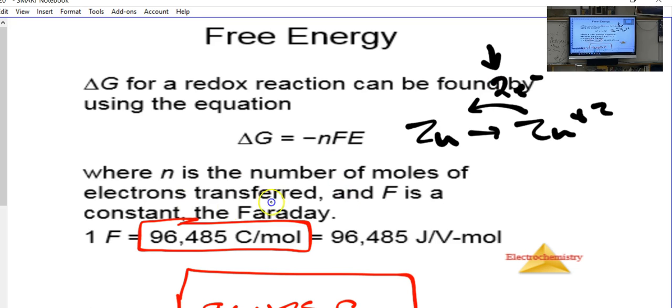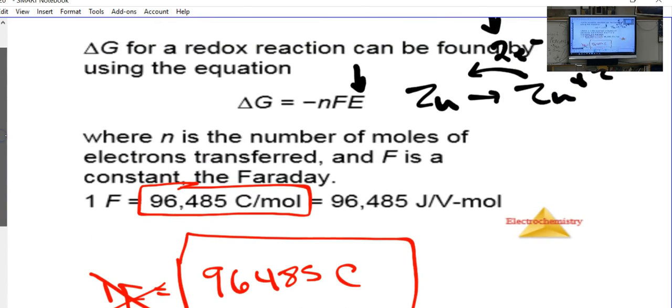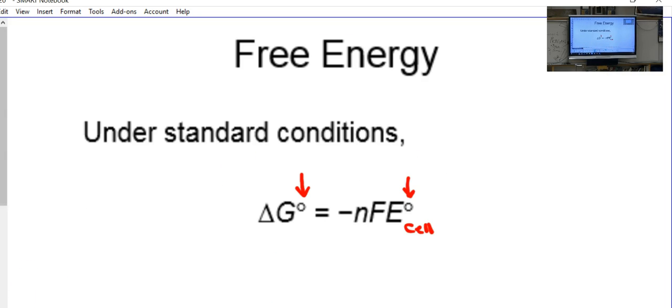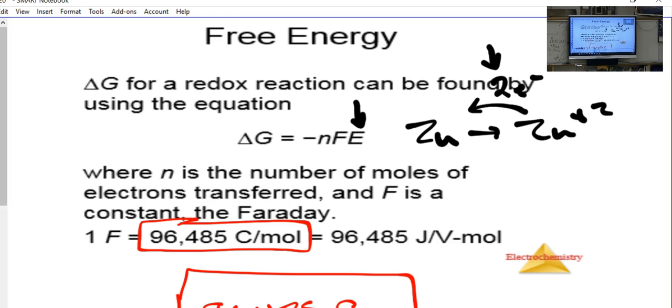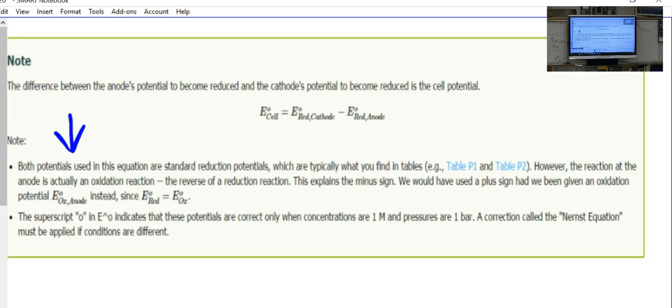Now, E, it doesn't say on here. What do you think E is? E is the thing we just calculated, essentially. This thing.